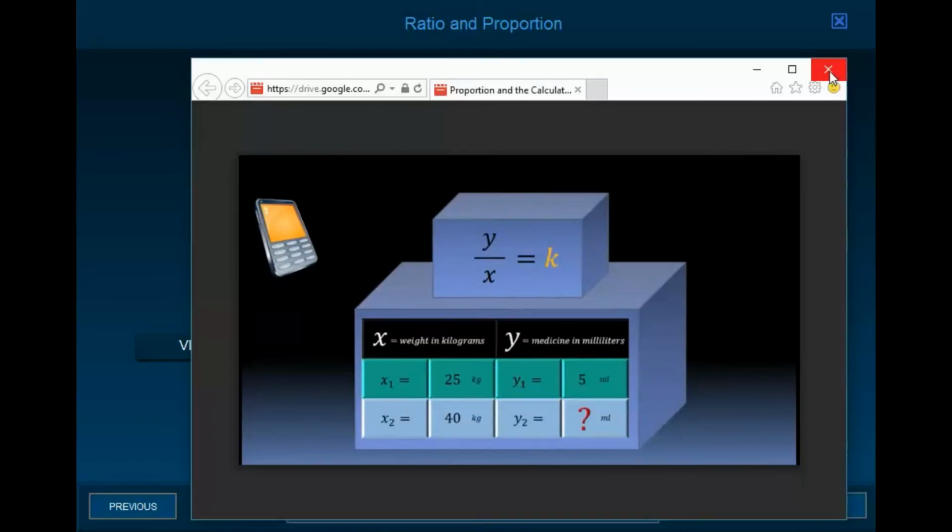We now have that y over x is a constant ratio, with the constant value being k. That means at any given point in time, the value of y over the value of x at that same point in time is equal to our constant value.